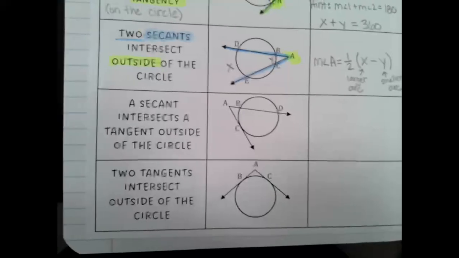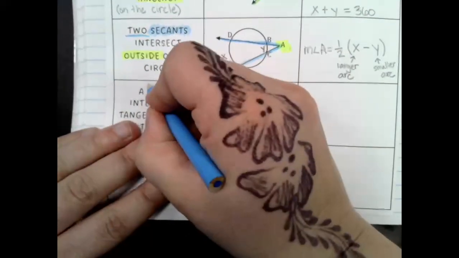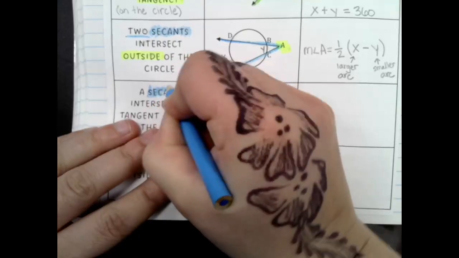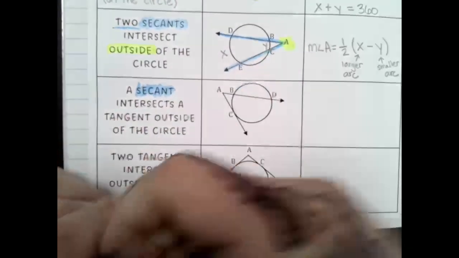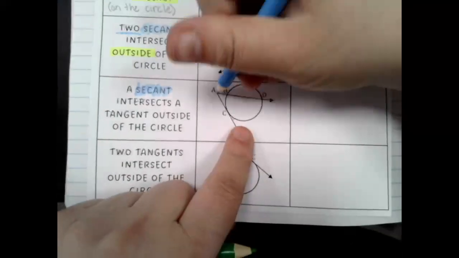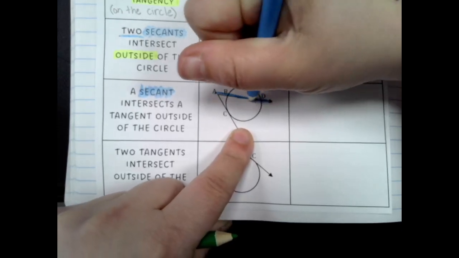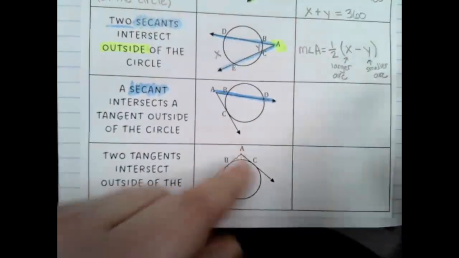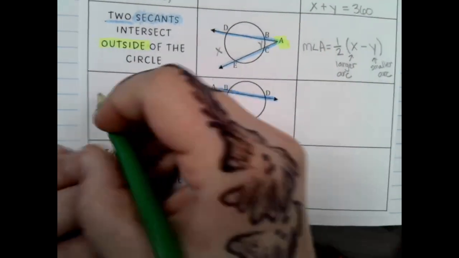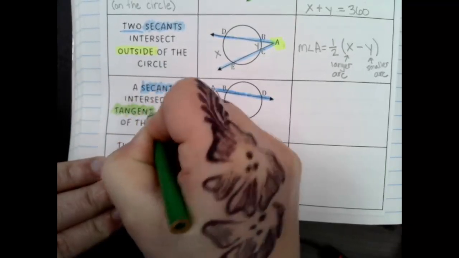Okay, the next one we have a secant and a tangent. So let's identify which one is the secant and which one is the tangent in this next one. A to D is what? Good, the secant. It goes through the circle, touches it twice, once at B, once at D. Where the tangent only touches the circle once.